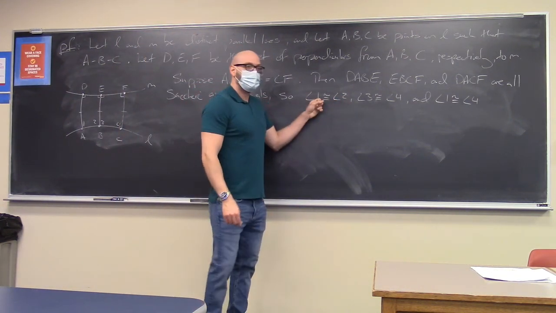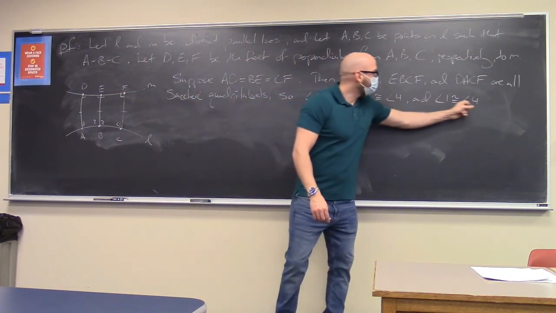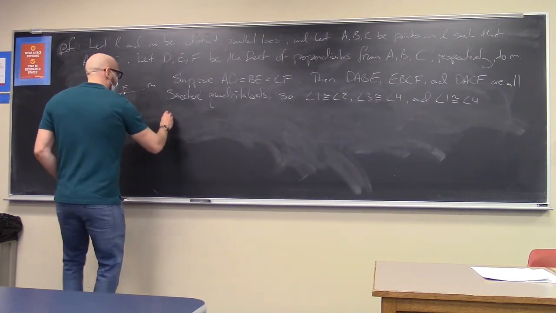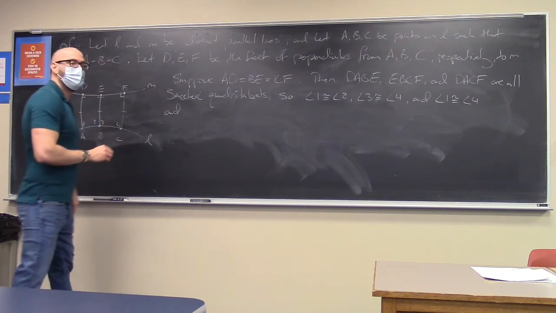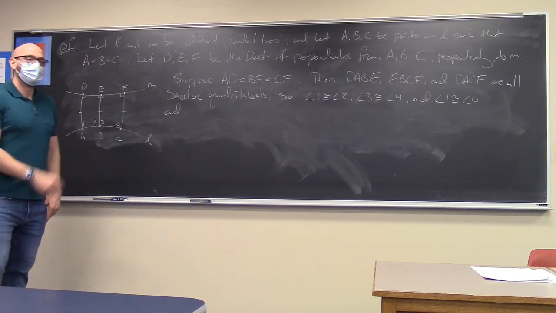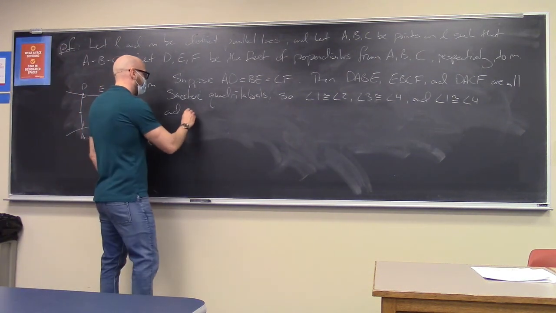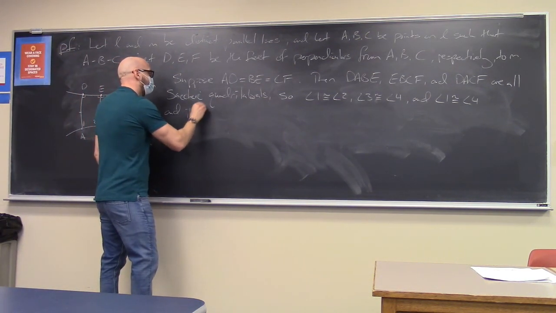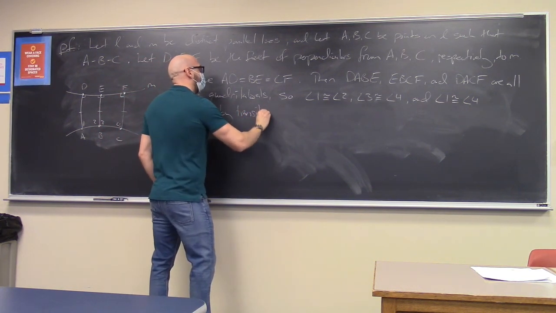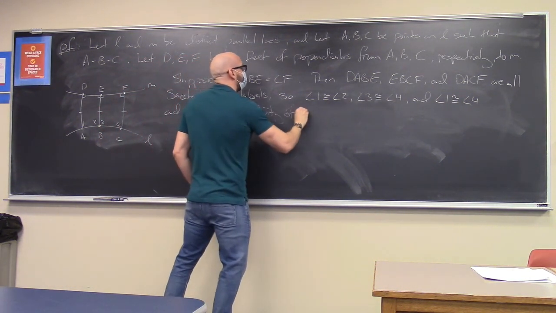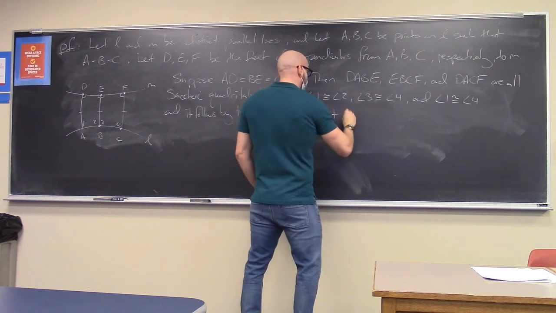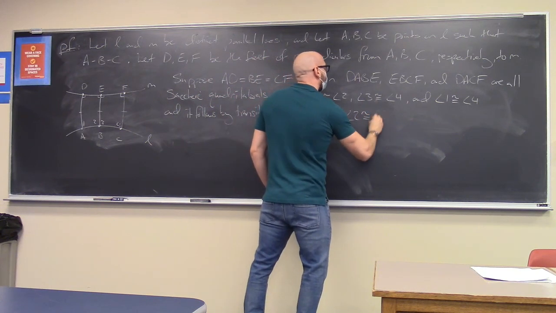Angle 2 is congruent to angle 1, angle 1 is congruent to angle 4, angle 4 is congruent to angle 3. Congruence is a transitive relation. So it follows by transitivity of angle congruence that angle 2 is congruent to angle 3.